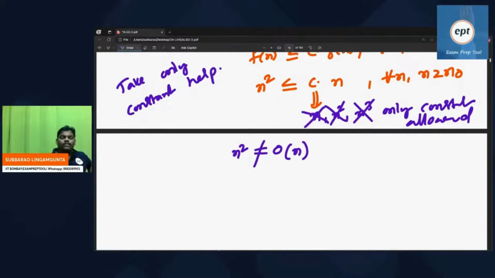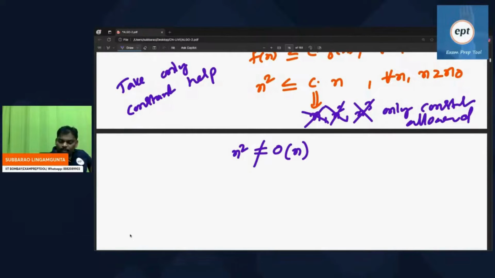Take only constant help. n square big O of n is wrong. It is impossible. By taking constant help, prove the right side bigger. That is what the big O notation is.